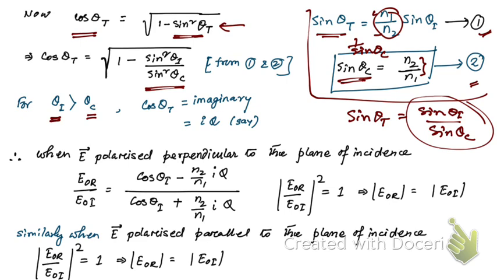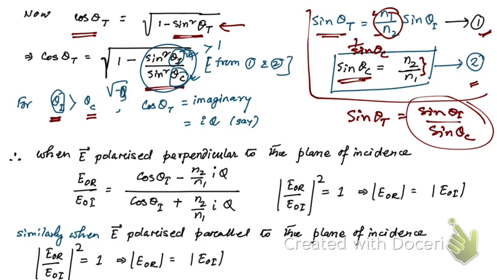So if theta i is greater than theta c, then the value of sine square theta i will also be greater than the value of sine square theta c. In that case, this part will be greater than 1. If that is greater than 1, then under the root we're going to get a negative number.